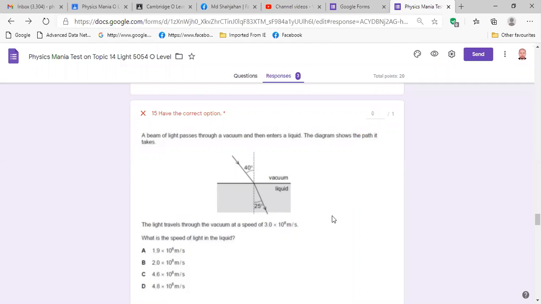Can you check? n equals sine i by sine r. n equals sine 40 degree divided by sine 25 degree. How much is it?